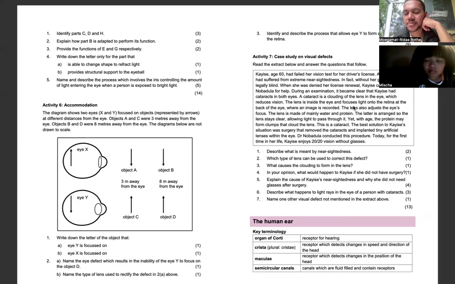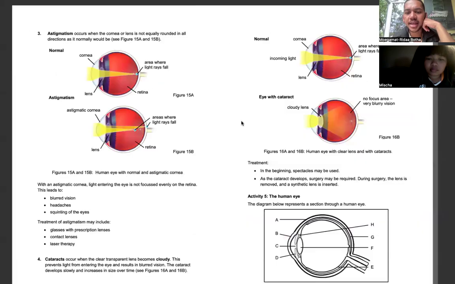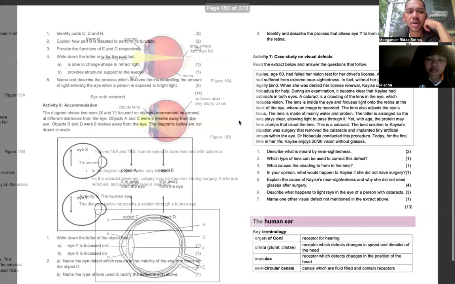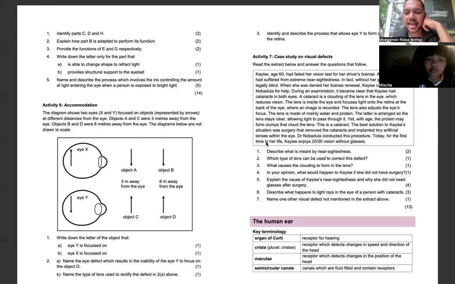You have the textbook. It's the life science, a very good study guide. I'll send it to you, and for now you can do these questions: activity 5, activity 6, and activity 7, and then you can send me your answers and I'll mark it. Okay?